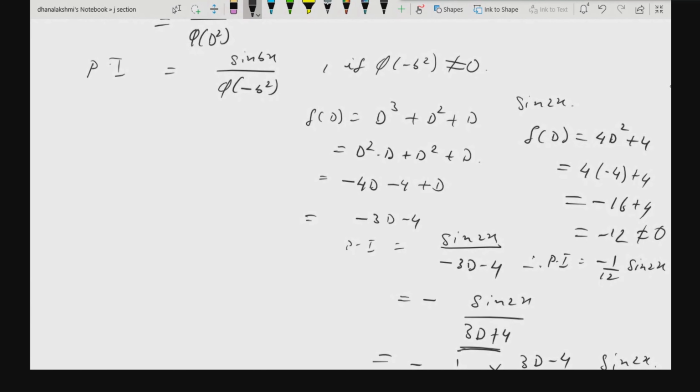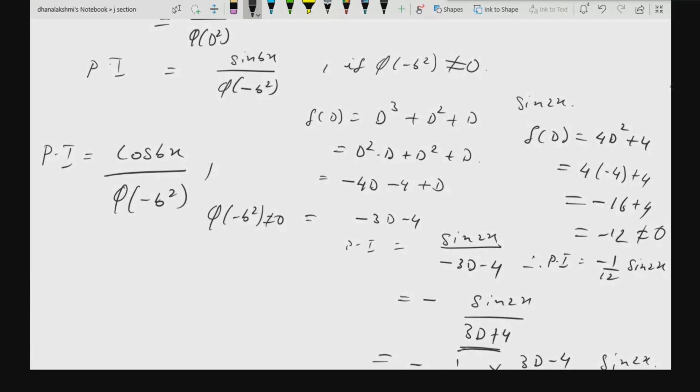You write phi or f, it doesn't matter. Overall, wherever you have D square, it needs to be replaced with minus b square. D will be as it is, don't touch D. The same formula I will apply for cos bx also. So cos bx by phi of minus b square I will write. This will happen only when phi of minus b square is not equal to 0. Understood both the things? Yes, ma'am.